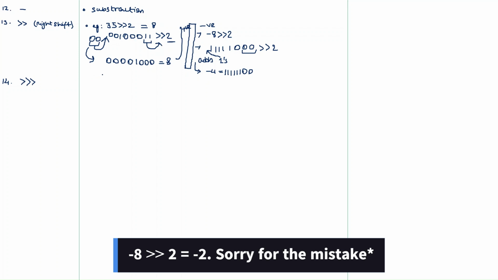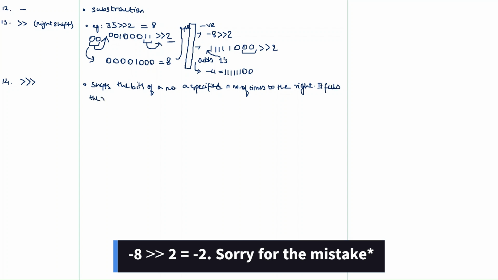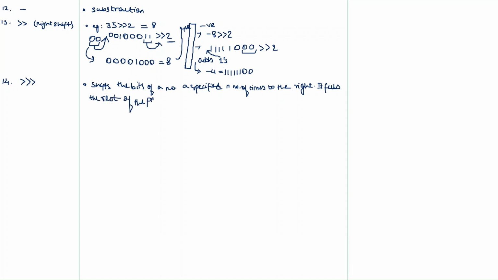It shifts the bits of a number towards the right a specified n number of times, and in place of that shifting it fills the rest of the part with zeros, binary 0. This is called the unsigned right shift operator.